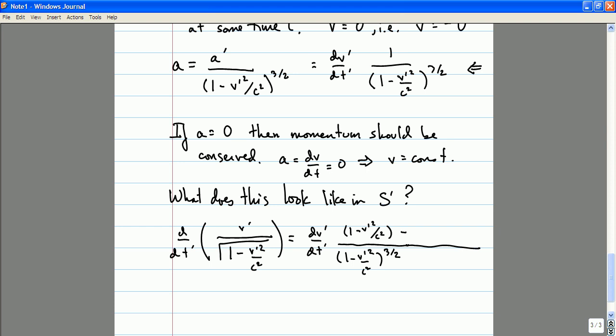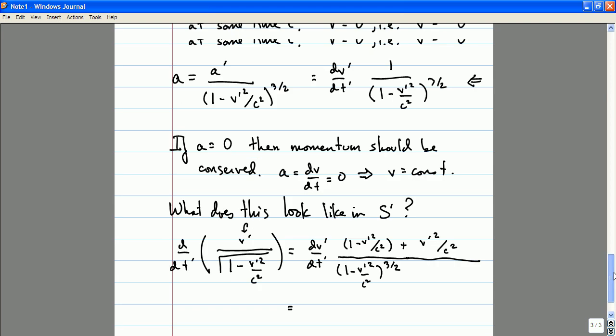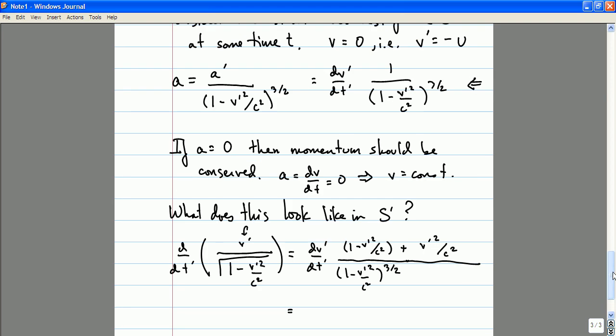So you get a factor of minus 1/2 because you're taking the derivative of something to the minus 1/2 power. That cancels a factor of minus 2 because you're taking the derivative of minus v prime squared in the denominator there. And so we get plus a v prime squared, taking into account this factor of v here, over c squared. And we see that the second and the third terms in the numerator there cancel. And so this is nothing more or nothing less than what we called then the right-hand side of this equation.